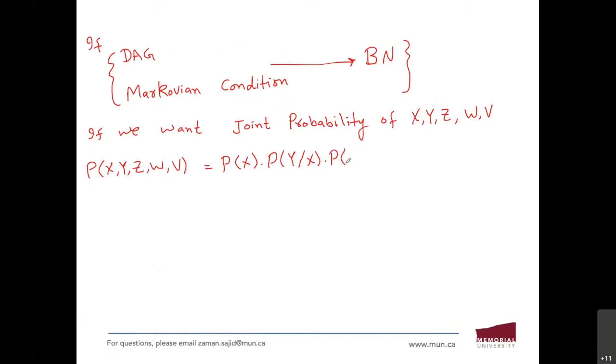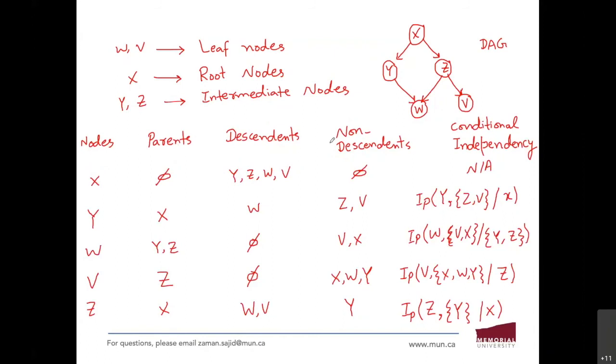Similarly, if I want to find out the probability of Z here, if you look at your network, Z has a parent X, which is the immediate parent.